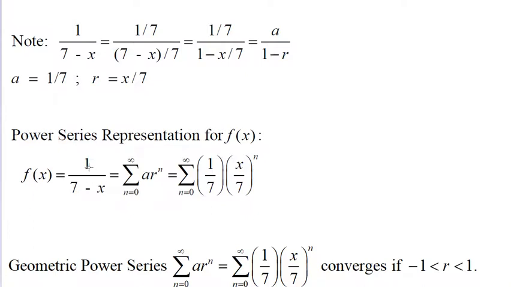And this is what it looks like. So the function 1 divided by 7 minus x is the same as the geometric series of 1 over 7 times x over 7 to the n.